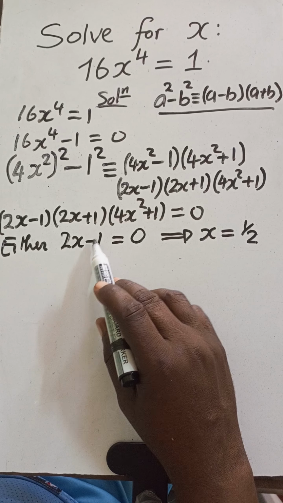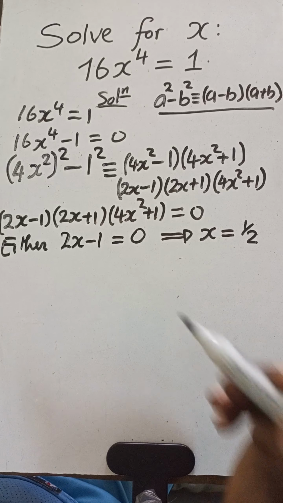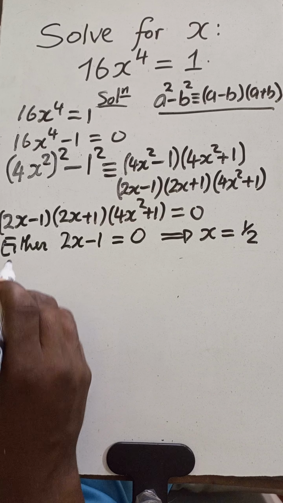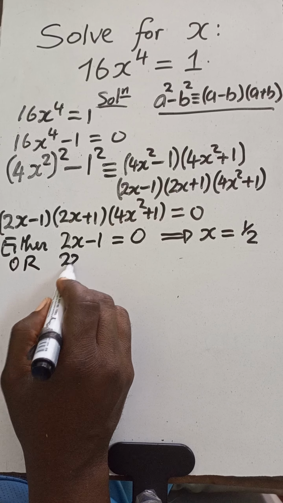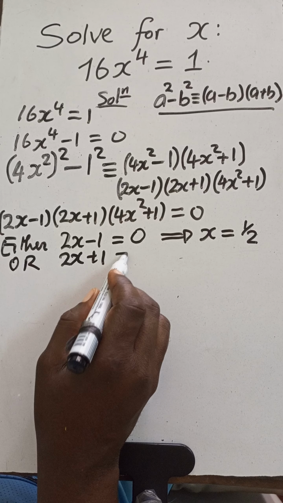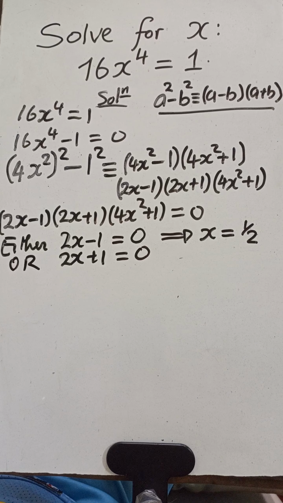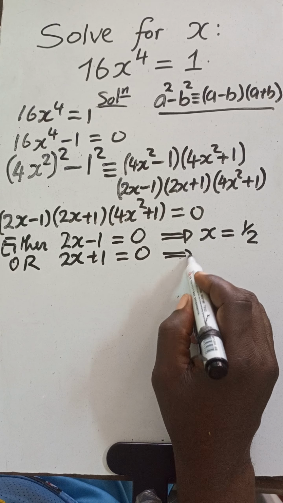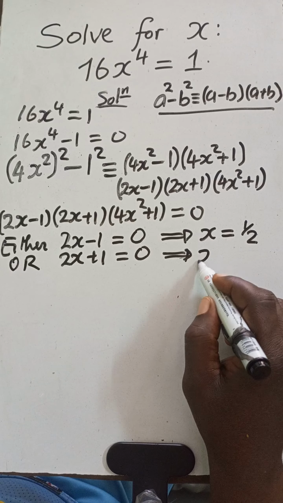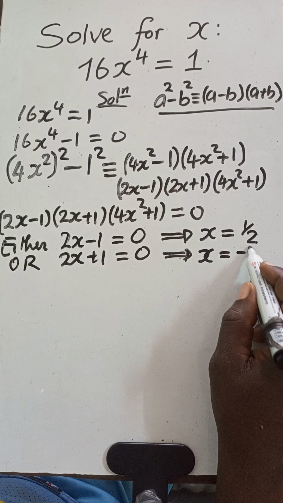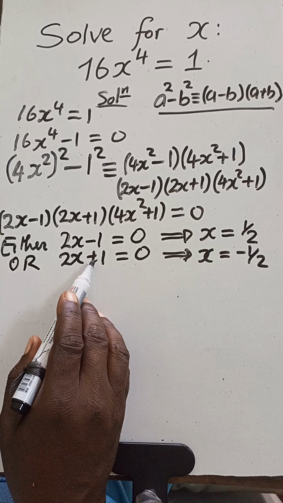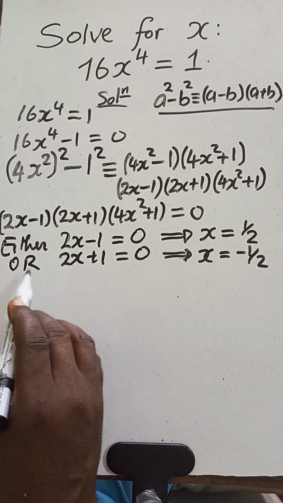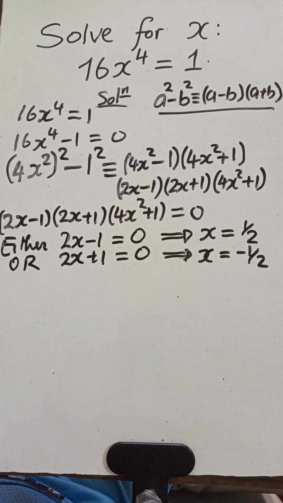That is, when we take this negative 1 this way, it becomes positive 1, and then we divide both sides by 2. Or the next one, 2x plus 1 is equal to 0. If that is true, it simply means that x is equal to negative half. This is positive 1. You take it that way, it becomes negative 1. We divide both sides by 2. We have x equals negative half.